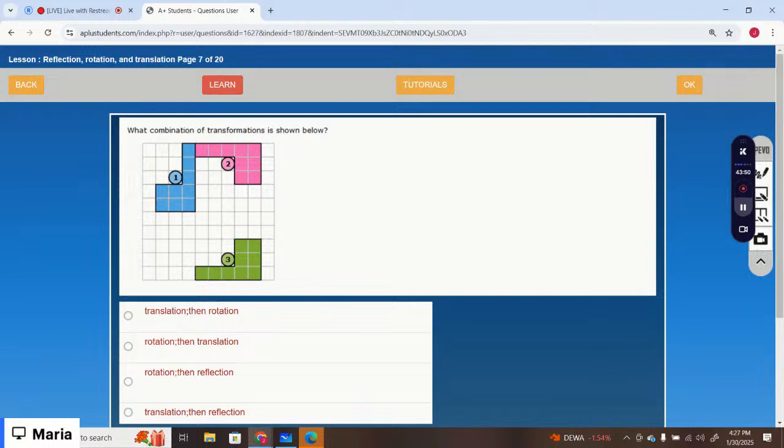What combination of transformations is shown below?